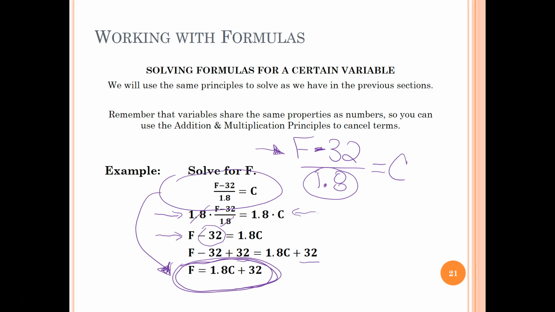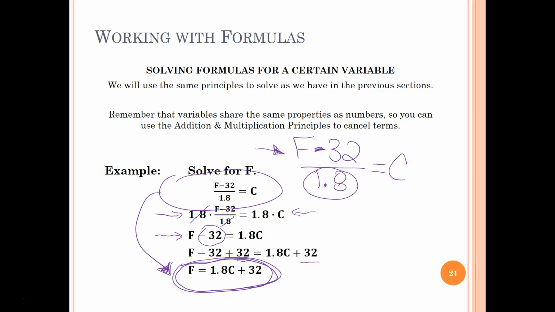One thing I want to make you wary of here, be very careful, is that you're not always solving and getting an answer. In fact, with formulas, we're not until we plug in given values for our variables. Here, all we're doing is rearranging this equation to look differently to make it easier for us to work with it.